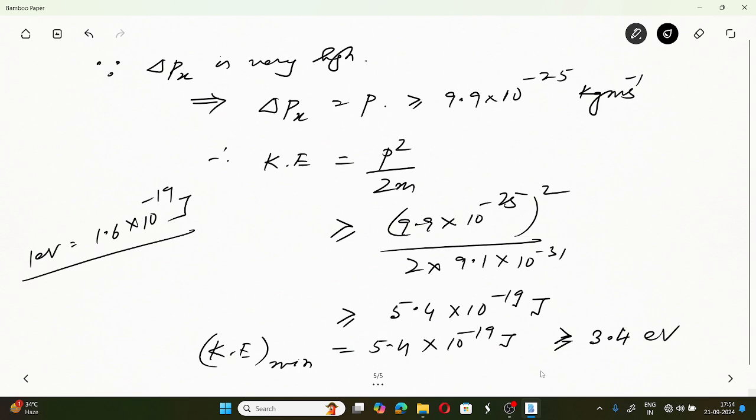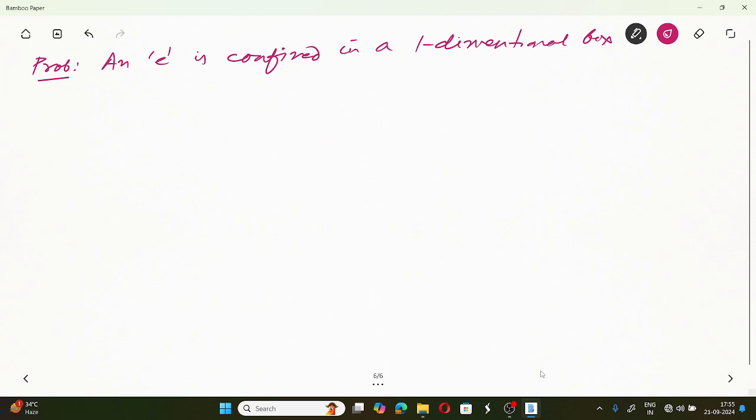So let us move to another problem. Say an electron is confined in a one-dimensional box of length 10 centimeters.